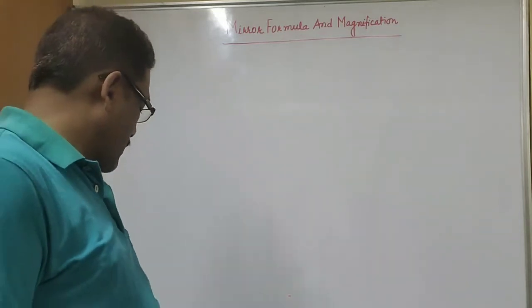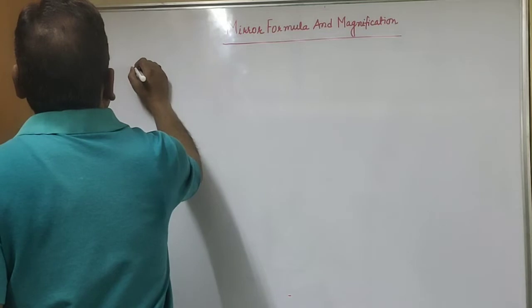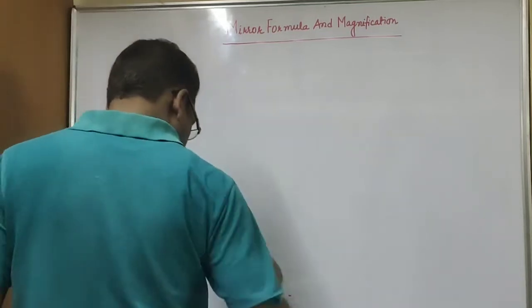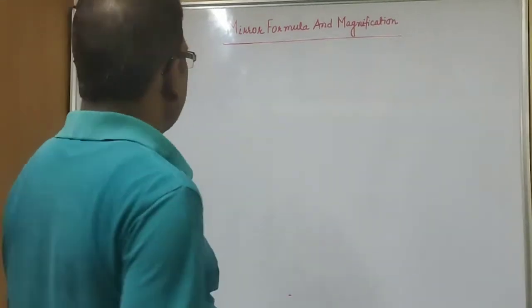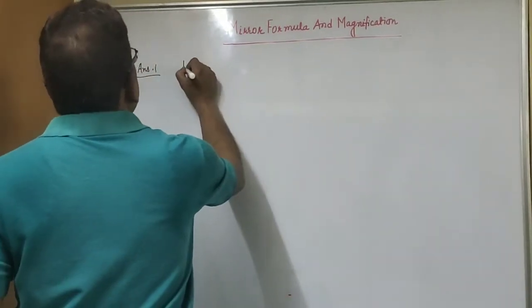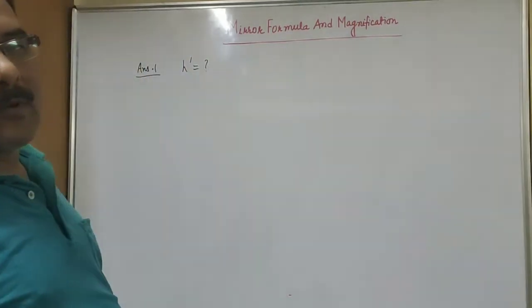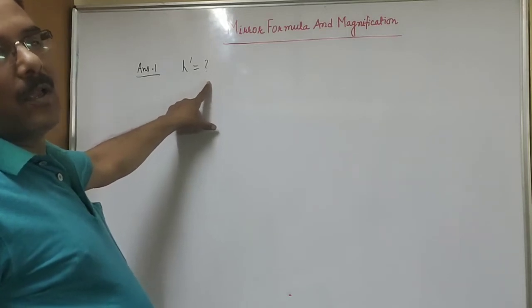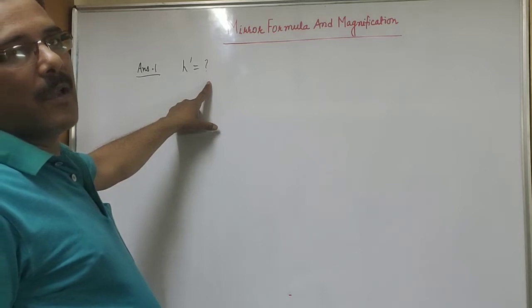So first we will write down the given things. What do you have to calculate? Size. You have to put a question mark against h dash, or size of image, another symbol is hi.